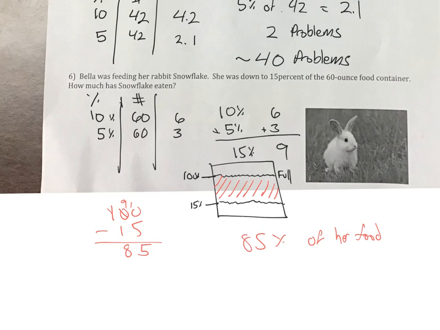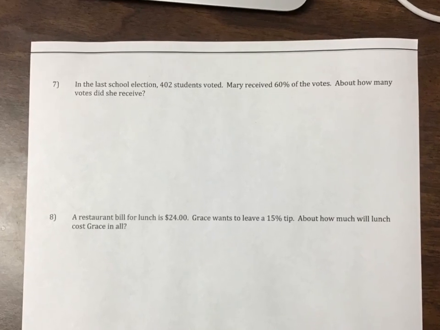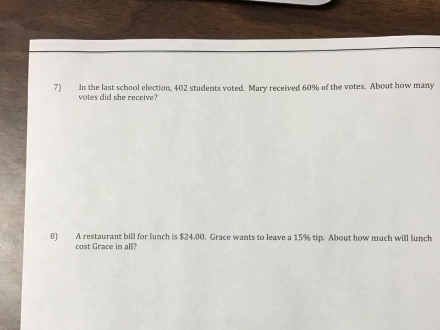Okay, we're going to do the next slide here. There's 2 more left. In the last school election, 402 students voted. Mary received 60% of the votes. How many votes did she receive? Okay, so let's break this down again. So here's our percent, here's our number, so we have 402.